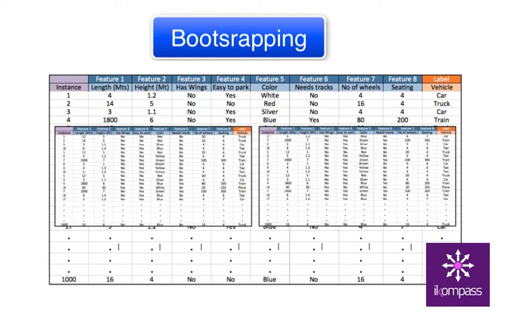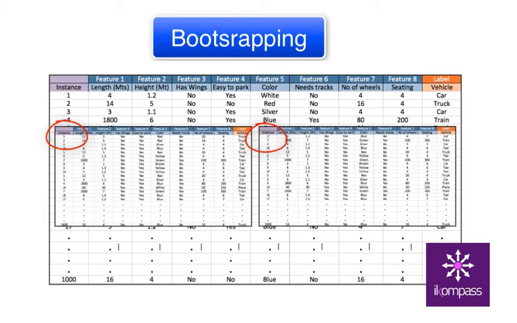For example, in the first subset of our data, we have instance 5, 2, 3, etc. In the second subset, we have instance number 17, 7, 3, etc. So you end up with unique sets of data in both. It's different data with replacement. That means a data instance can be put back into the original set and then used again.